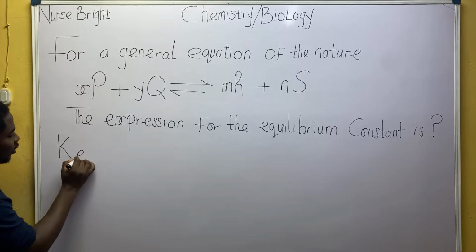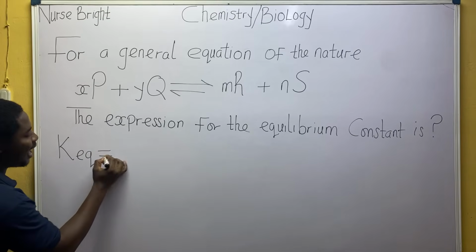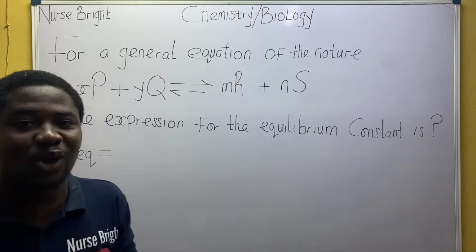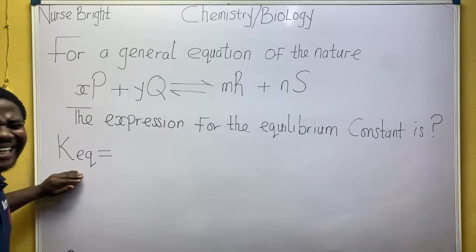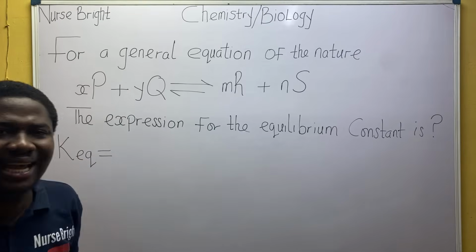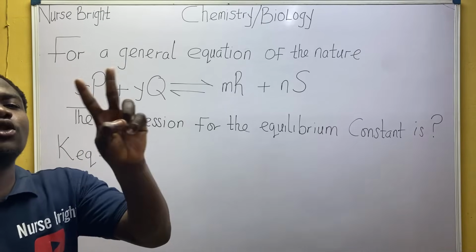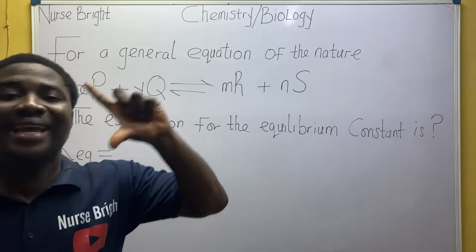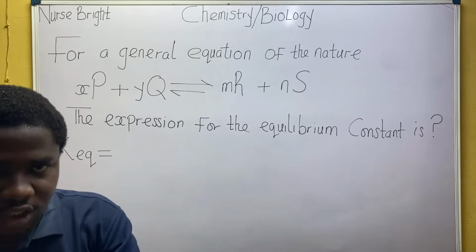Everybody pay attention. In chemistry, the equilibrium constant expression is symbolized as Keq, and it could be of two types. We have what we call Kc and Kp. Just relax.